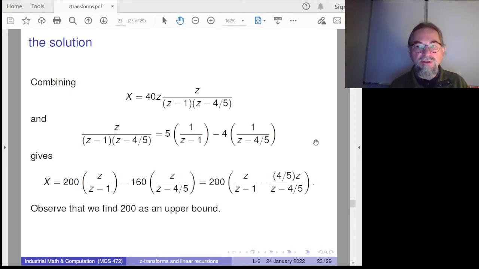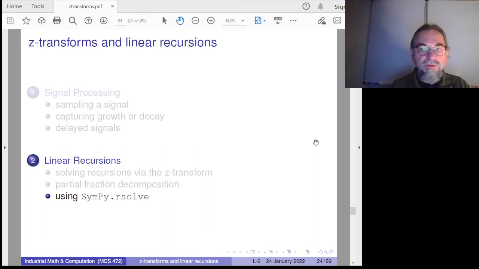So we've seen the denominators are important, the 4/5 is important, but you see also that the constants come up, and the 200 will be part of our answer. All right. So, okay, so I'm moving along.